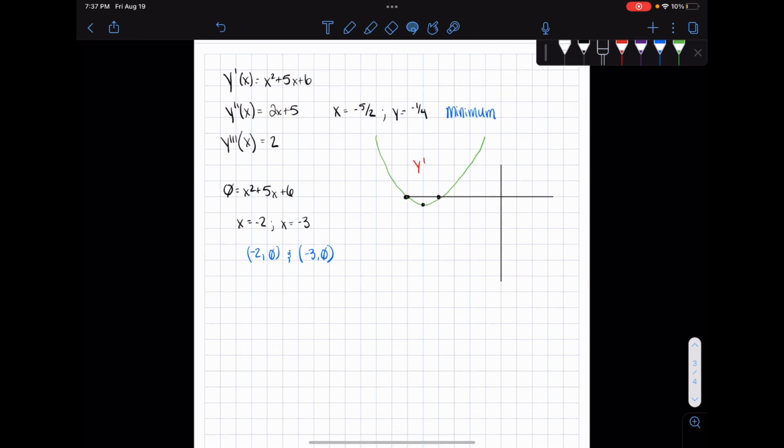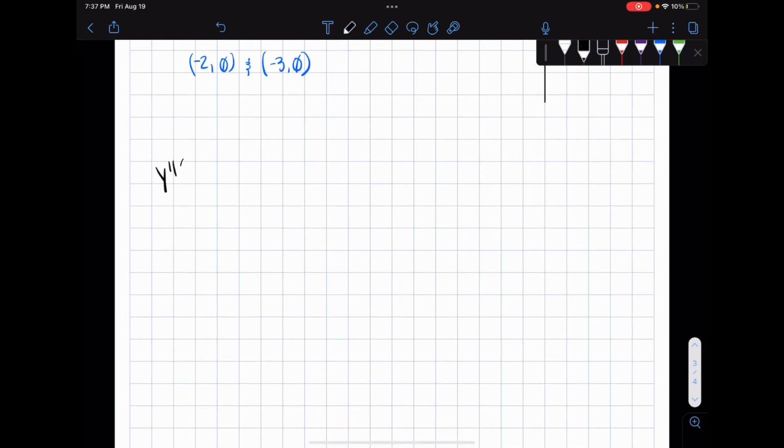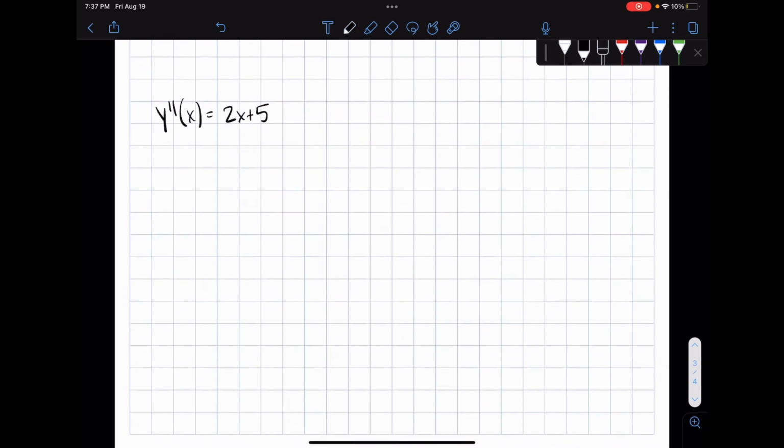And now we have one more graph to make, and we're just going to go ahead and do it real quick, because we have y double prime equals 2x plus 5. And this is a line. I hope everyone can recognize that. It's in the simple line equation form. We have an x-intercept, a y-intercept right here.